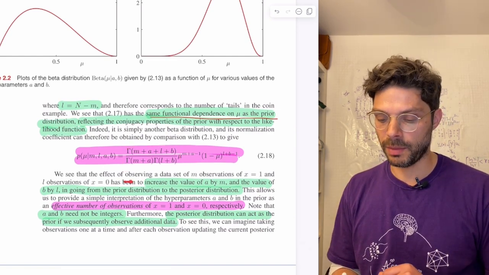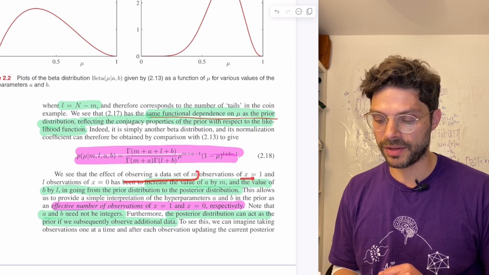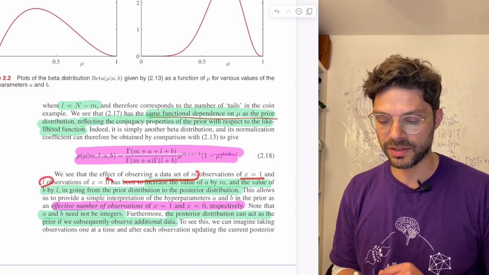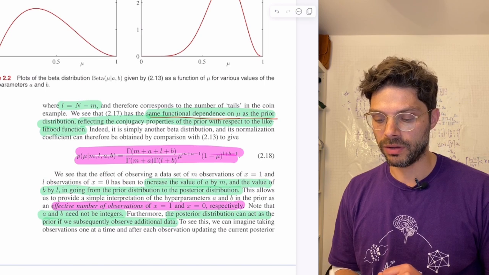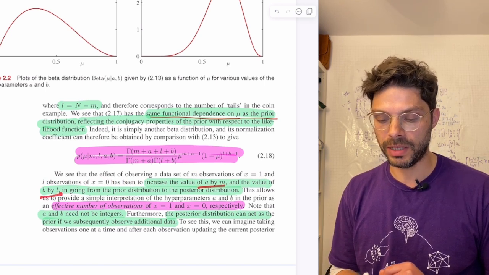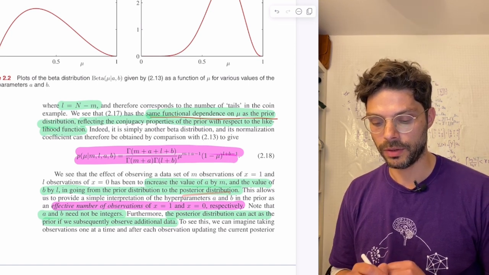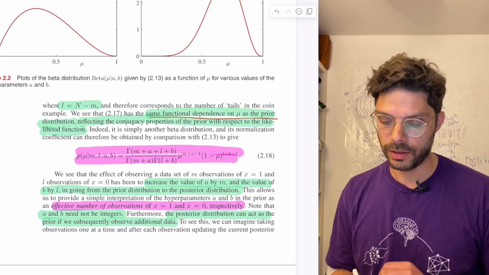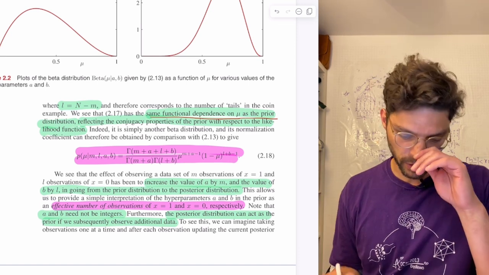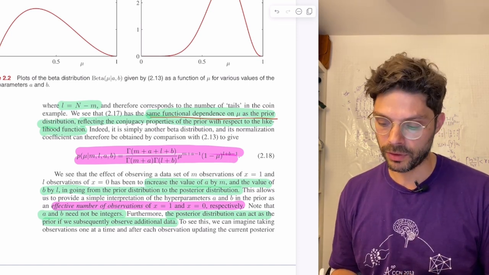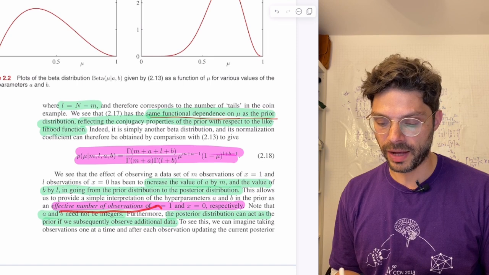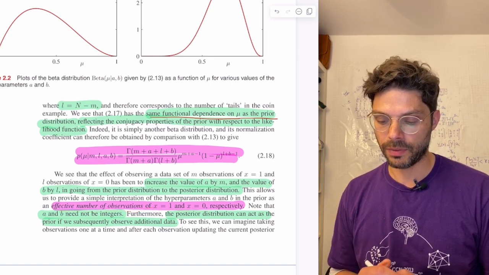So we see that the effect of observing a data set of m observations of x equals 1 and L observations of x equals 0 has been to increase the value of a by m and the value of b by L, in going from the prior distribution to the posterior distribution. So this gives us a simple interpretation for the hyperparameters as the effective number of observations of x equals 1 and x equals 0 respectively.